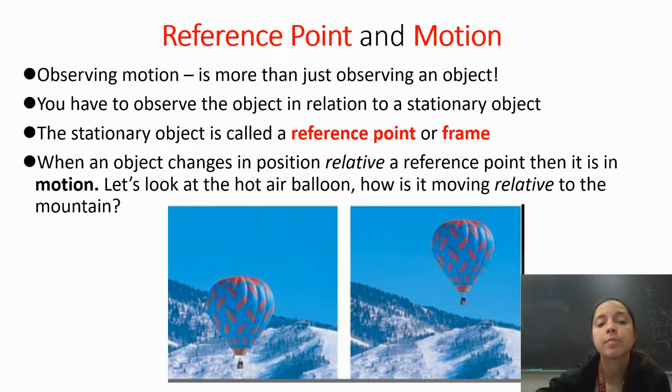So if you see these pictures, we have a mountain, which will be the stationary object because it does not move, and we have the hot air balloon, which is in motion. So how is it moving relative to the mountain? How is that hot air balloon moving? On the left side, you have the hot air balloon lower, right?